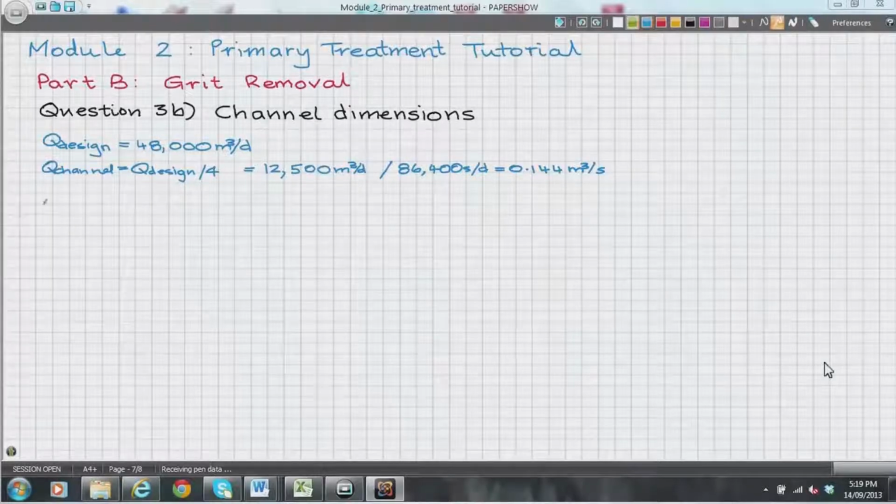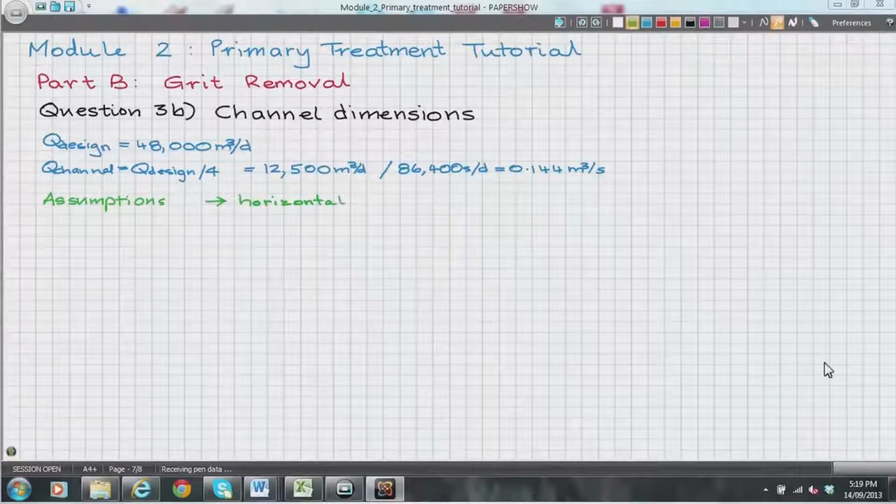Now we're going to just write down a few of the assumptions that we are taking in order to make this design. First of all, we're going to assume that the horizontal flow velocity is 0.2 meters per second.